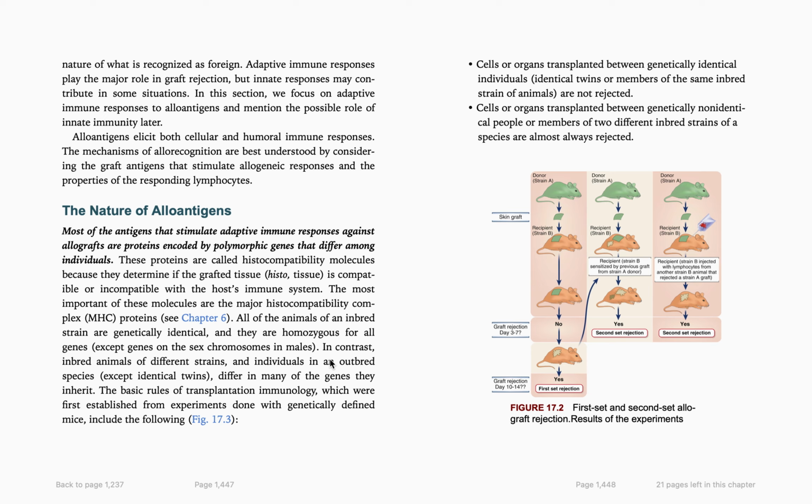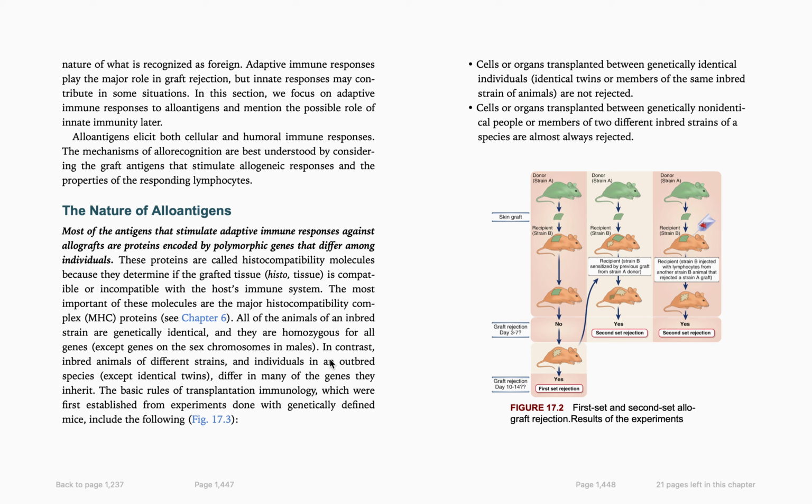The mechanisms of allorecognition are best understood by considering the graft antigens that stimulate allogeneic responses and the properties of the responding lymphocytes. The nature of alloantigens. Most of the antigens that stimulate adaptive immune responses against allografts are proteins encoded by polymorphic genes that differ among individuals.